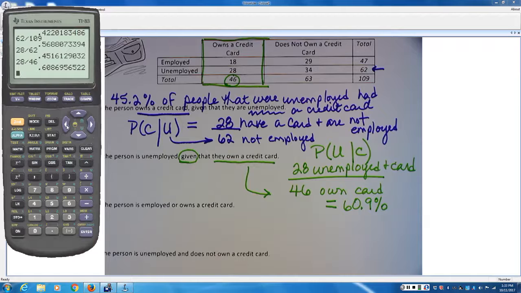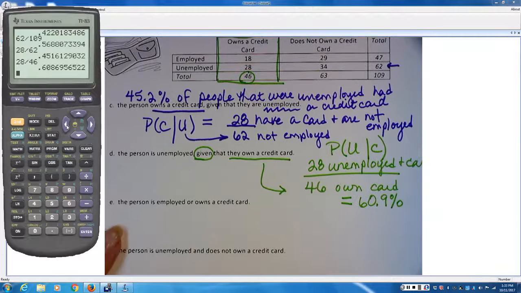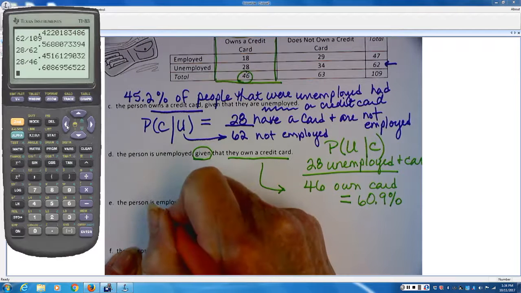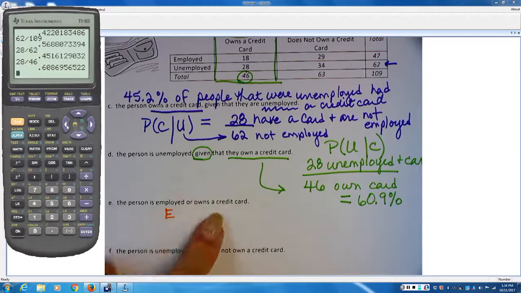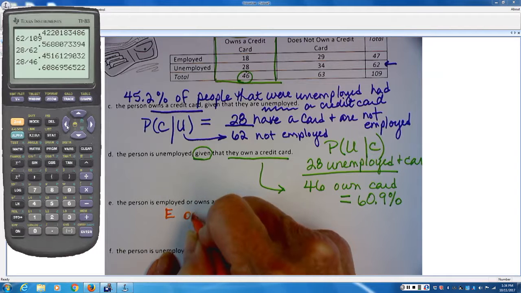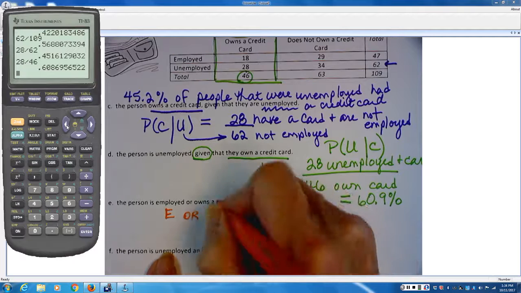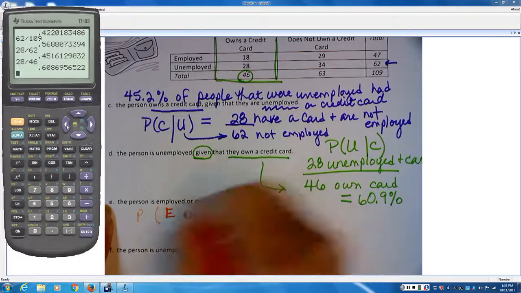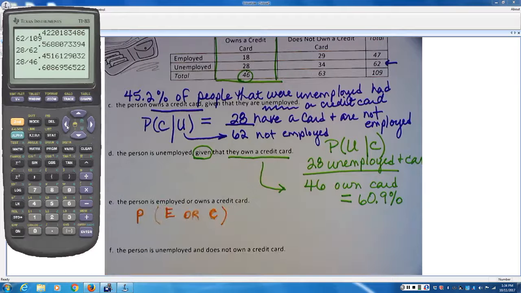Okay. Next question says, the probability the person is employed or they own a credit card. So that's the probability that they're either E or C. Now, are there any people that are both employed and own a credit card?